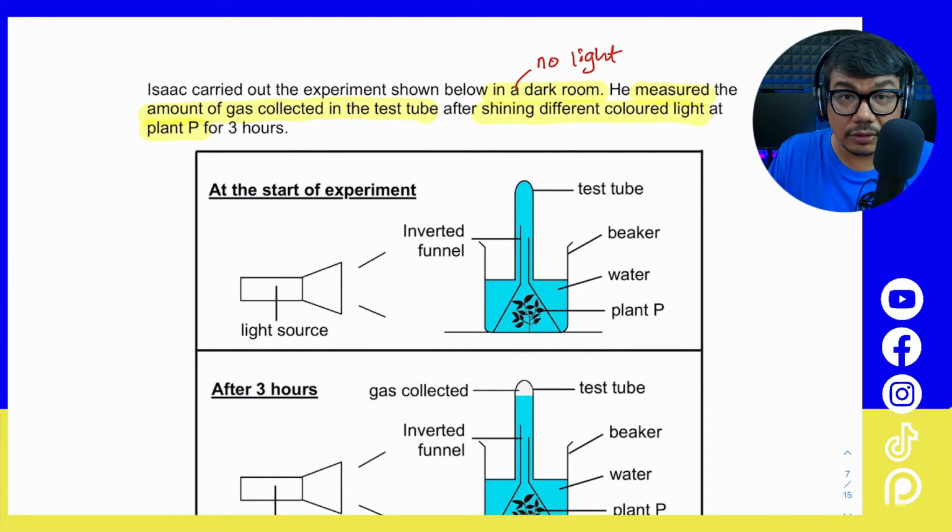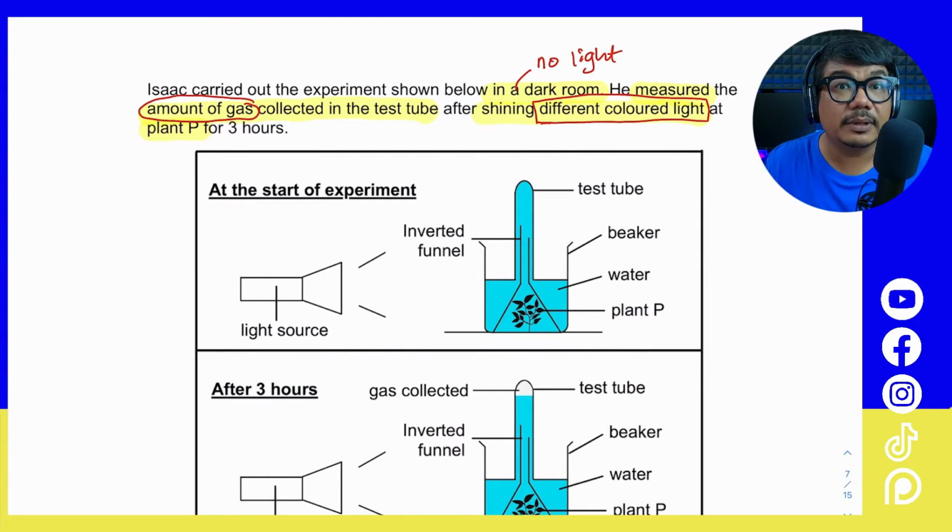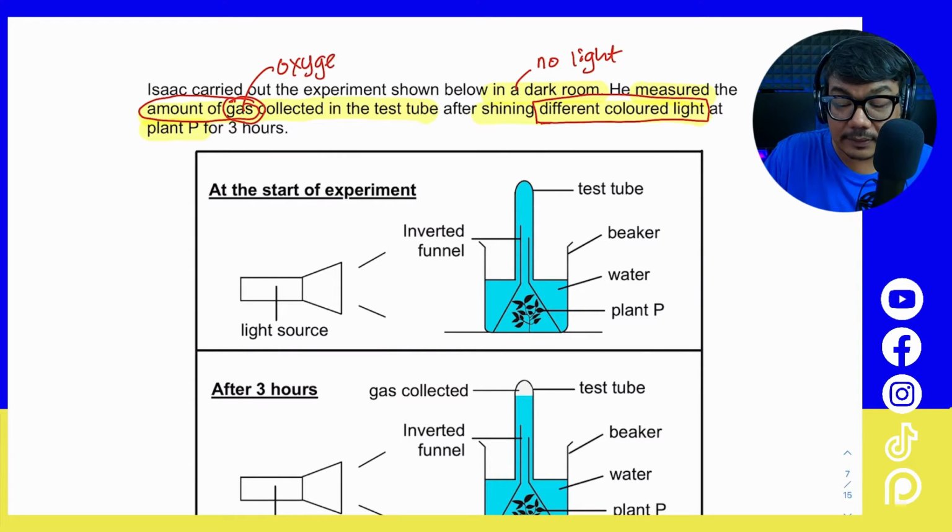So there is light being given, but it's different colored light. If light has been given, we know the amount of gas collected is from the process of photosynthesis, and this gas would be oxygen. This is at plant P for 3 hours.